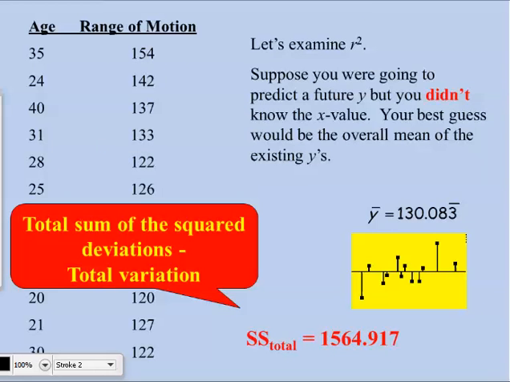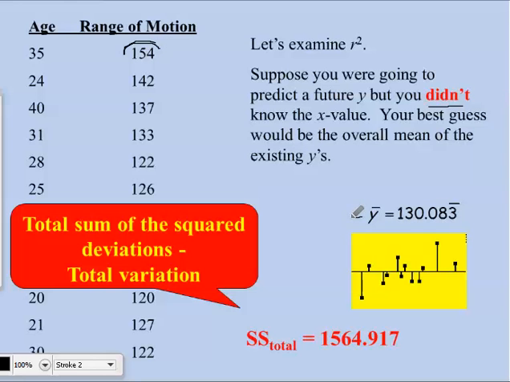Okay? What does that mean? Well, let's examine what r squared is going to do. Suppose we are going to predict the future, but you didn't know the x value. Your best guess would be the overall mean of the existing y. So you don't know how old the patient is, so you take the mean of all these ranges of motion and you get a y value of 130.83.